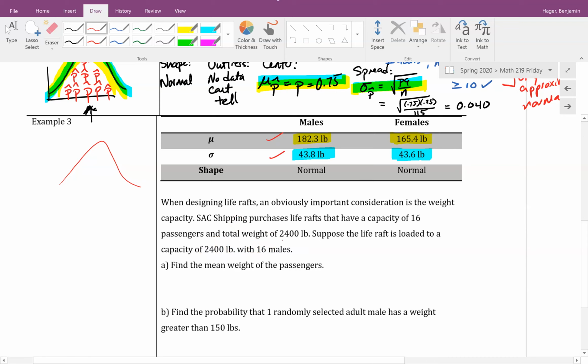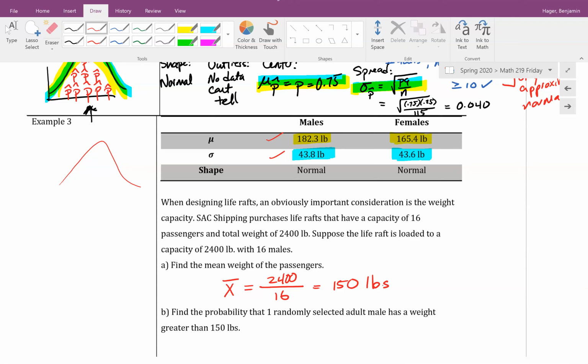What's the average weight per male? The mean of that sample would be 2,400 pounds divided by 16 people, or 16 data values. That's 150 pounds on average. So each person in that boat weighs an average of 150 pounds.